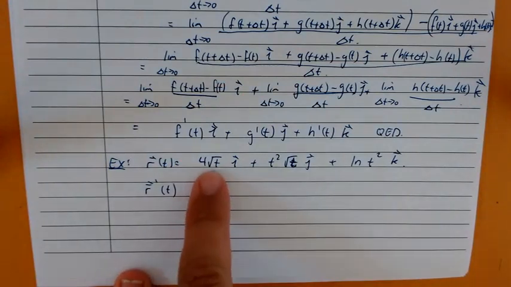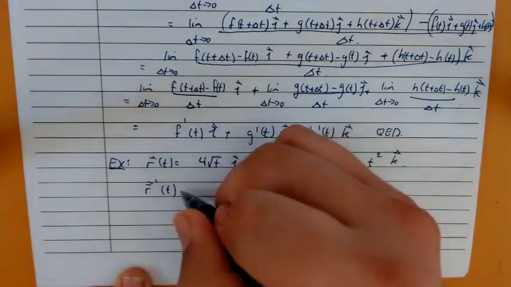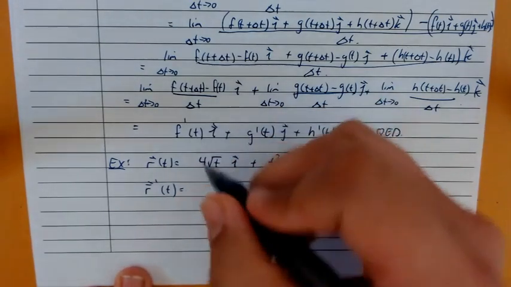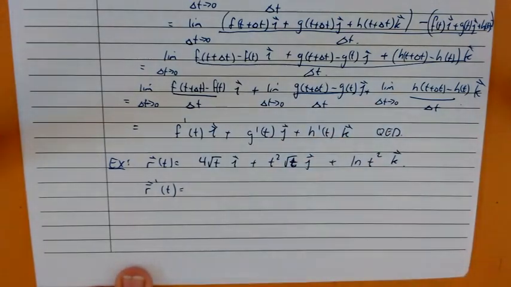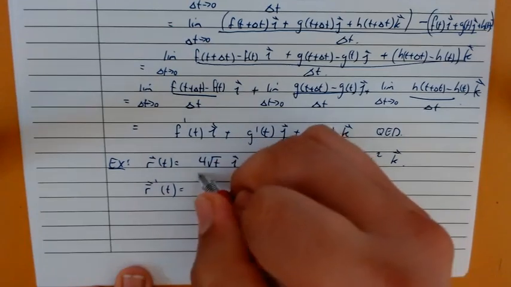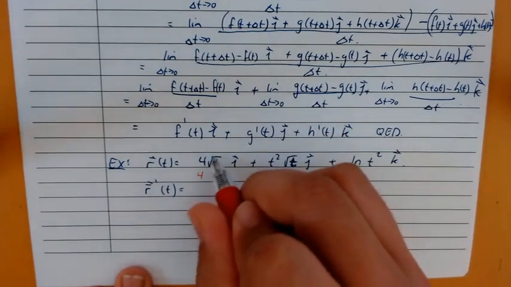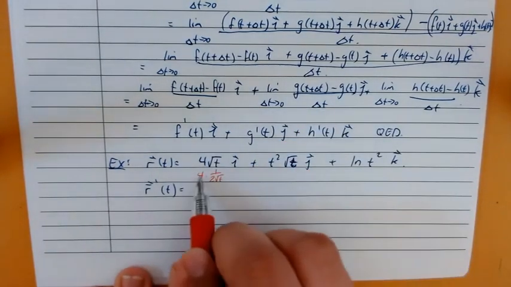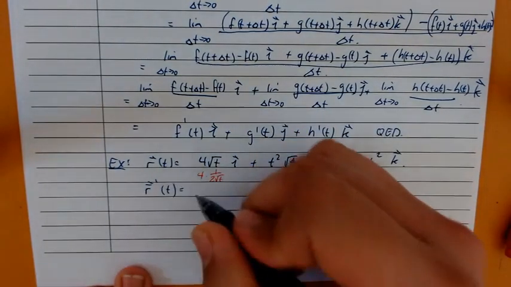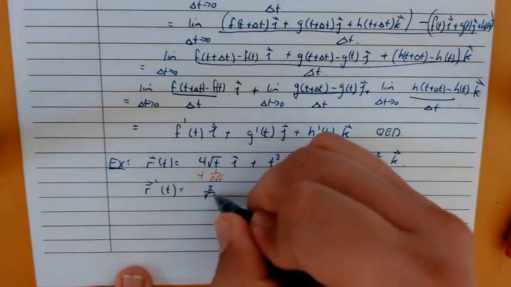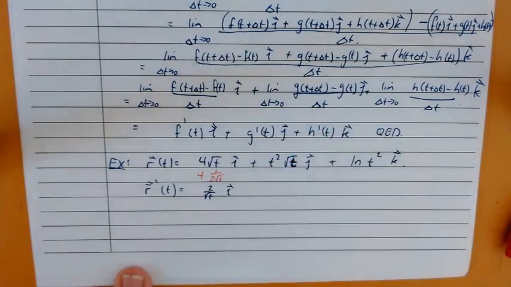So here, the derivative of the square root of t is 1 over root t. Oh, sorry, it's 1 over 2 root t. Oh, but it's being multiplied by 4. All right, so here we're taking the derivative of 4 root t. That's going to be 4 times the derivative of the square root of t, which is 1 over 2 root t. And then here the 4 and the 2 simplify out. And this just gives us 2 over root t, i.